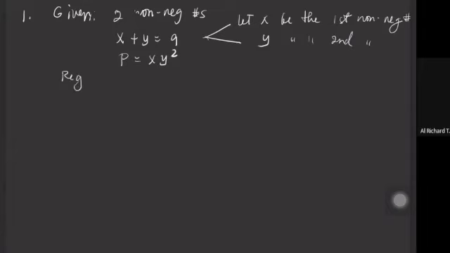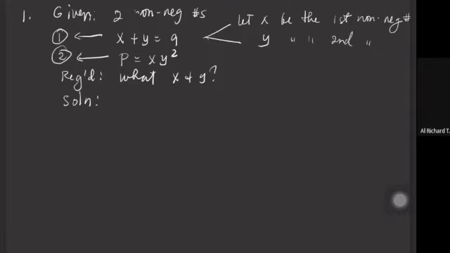Then you write what is required. The required is to find these two, so what is x and y? And then you start solving. So we have here equation 1, this is equation 2.